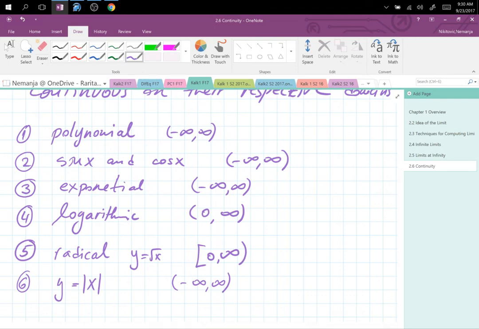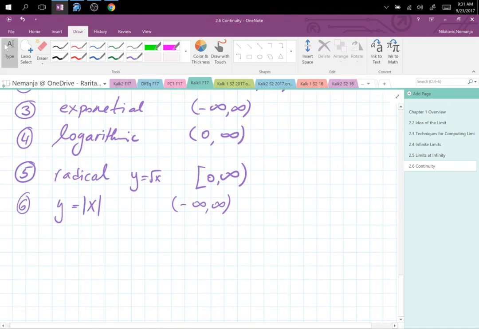And that is combination of functions. All combinations, including function composition, are preserving continuity. So if you combine two continuous functions, you will get a continuous function. That is also a major theorem for this section.